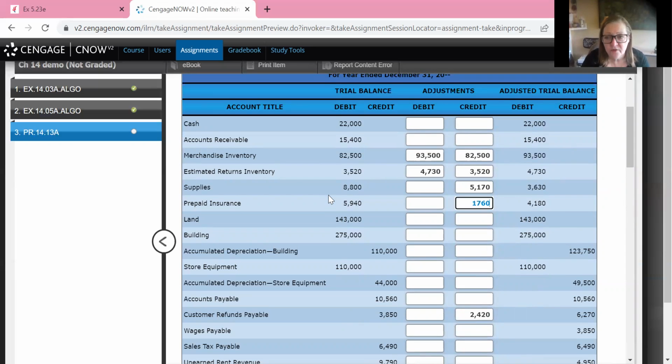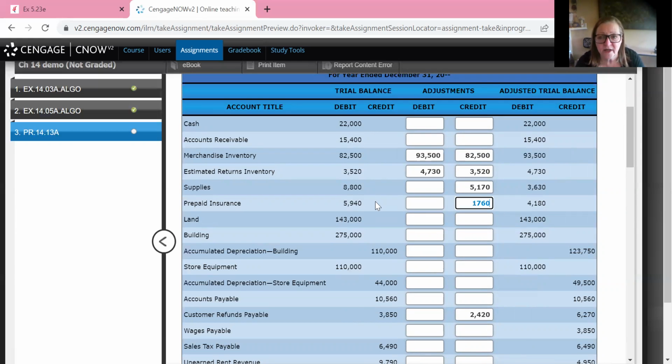You see where it arose. They looked at their insurance and tallied up how much of the insurance is still outstanding, not expired at the end of the period. And they said it's $4,180. Wait a minute, our books are showing $5,940 for prepaid. We better adjust it to correct. So it's not $5,940, it's $4,180.